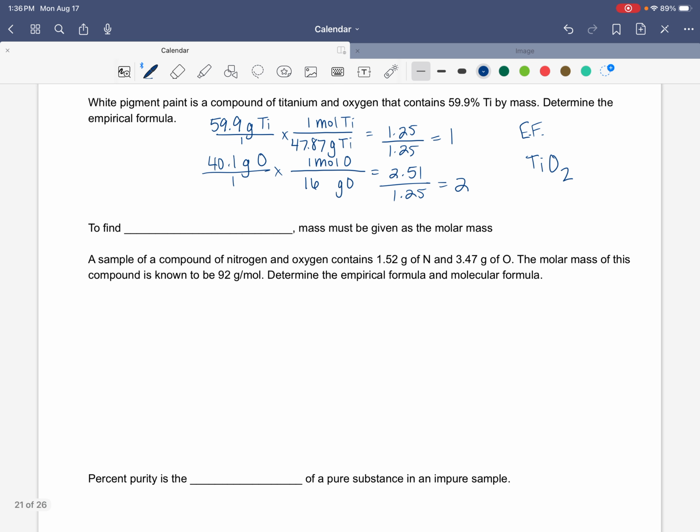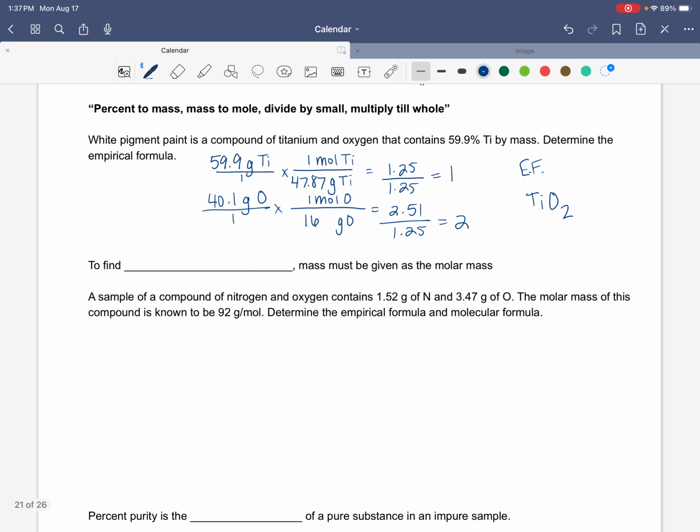So that is to find the empirical formula. To find the molecular formula, the mass must be given as the molar mass. So they'll tell you the molar mass of the compound is whatever it is.